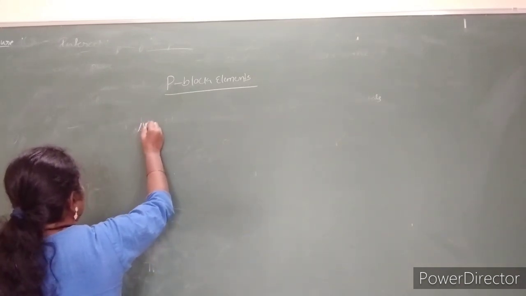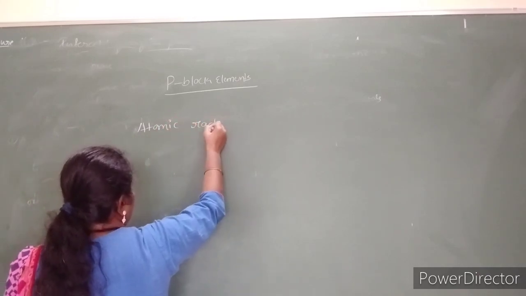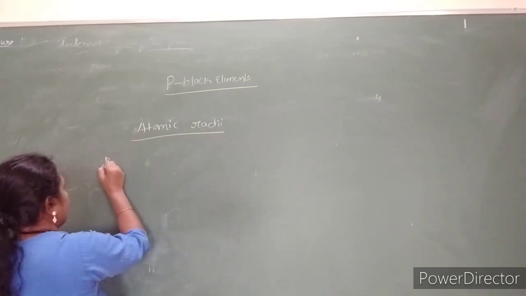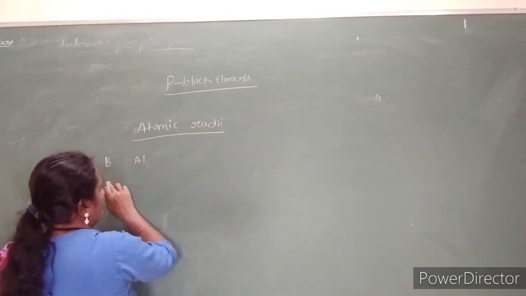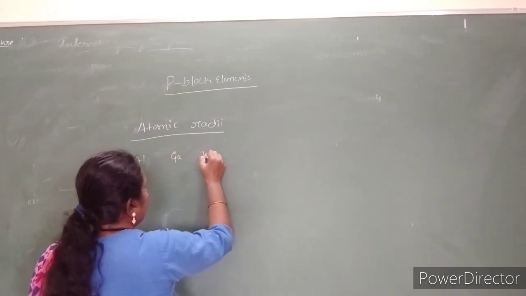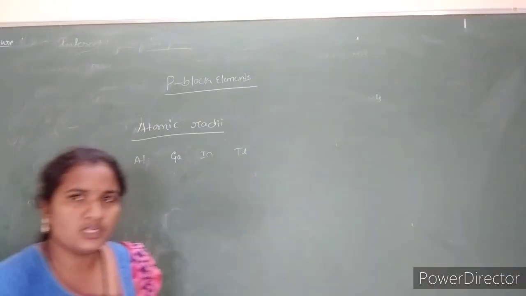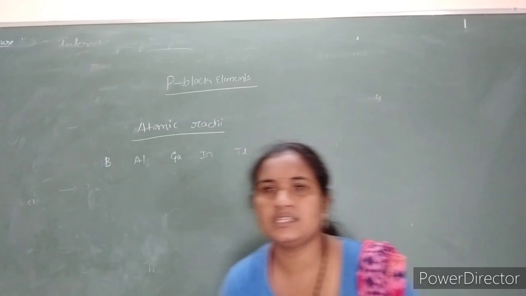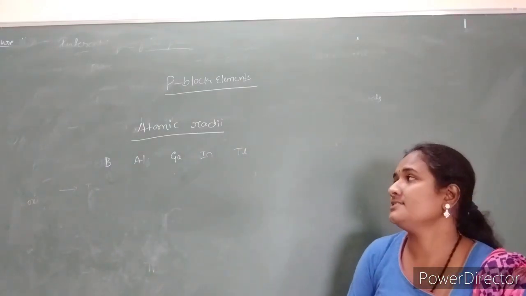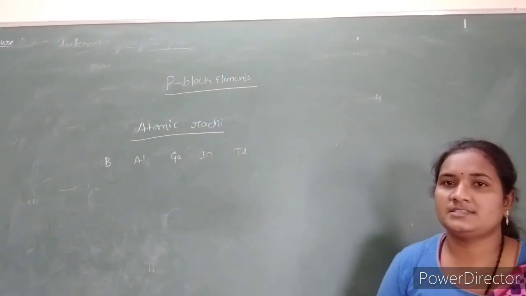Atomic radii: boron, aluminium, gallium, indium and thallium. In general we know that as we move down the group, the atomic number increases, the atomic size also increases, and atomic radii increase due to the increase in nuclear charge.